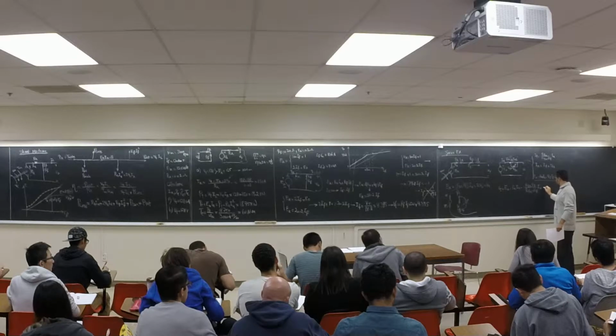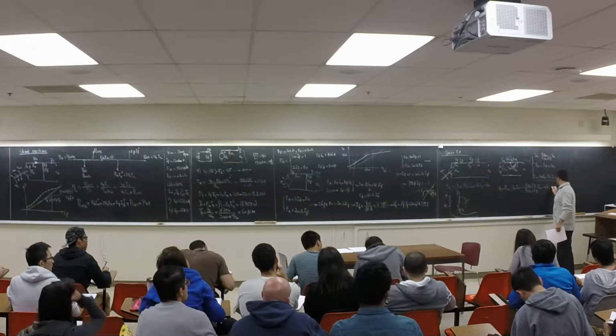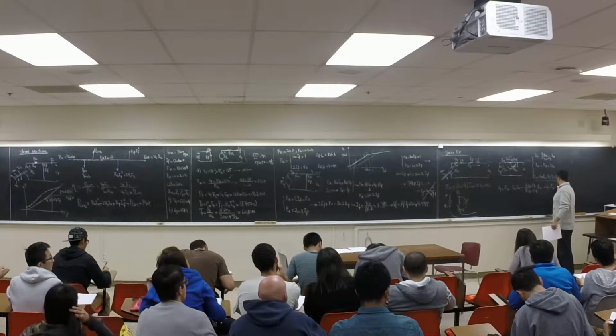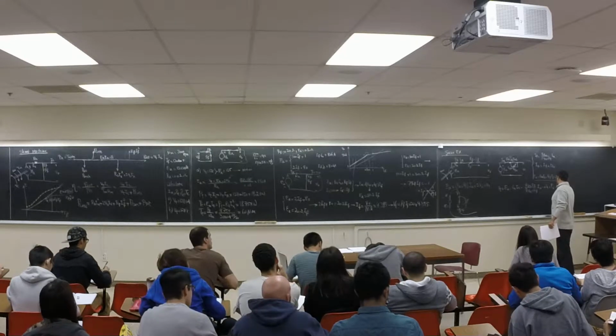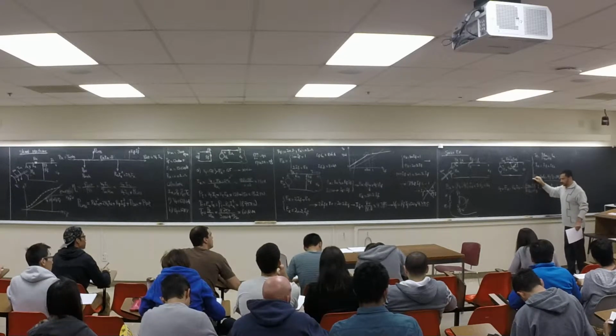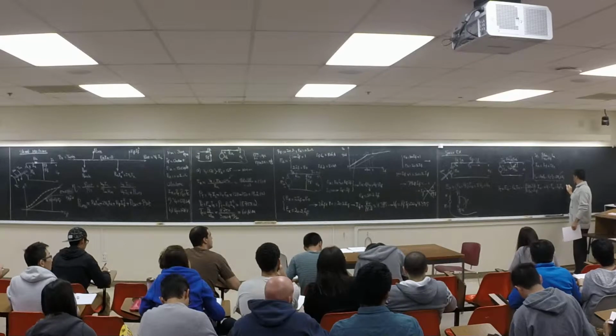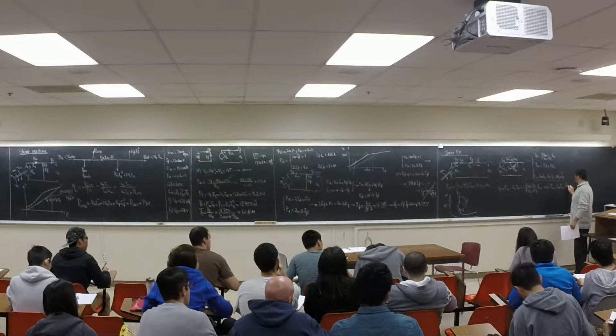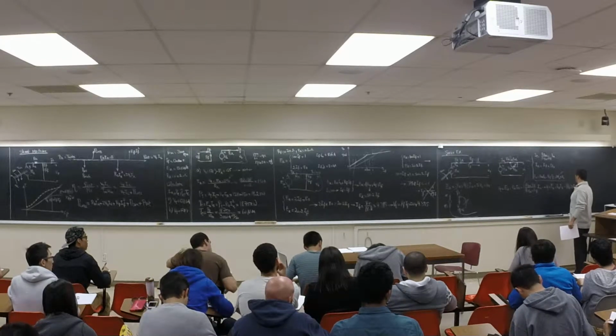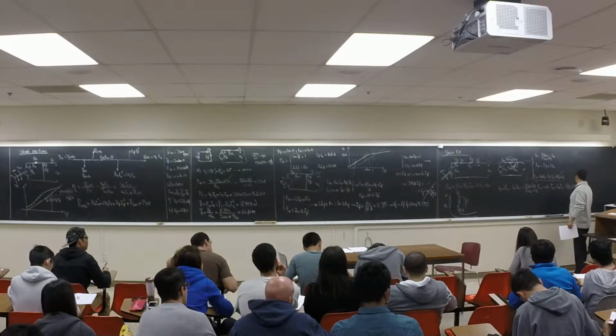So basically VT is going to be EA minus RAIA minus, what is it, RF parallel with RFX, right? IA.